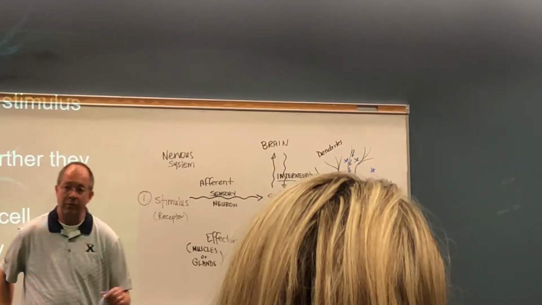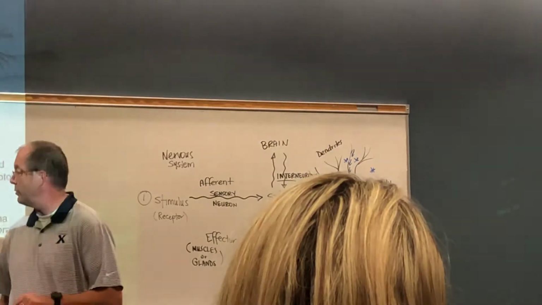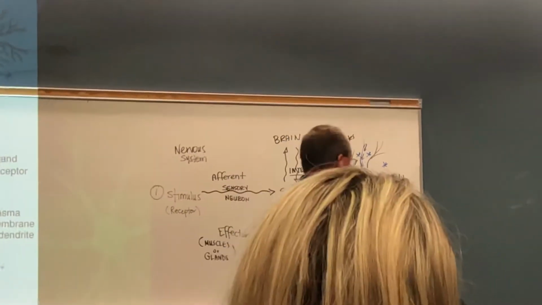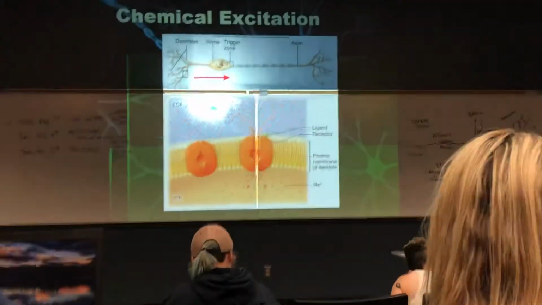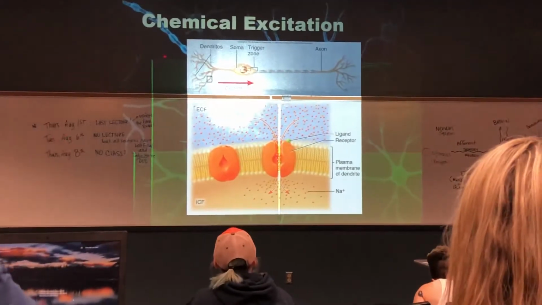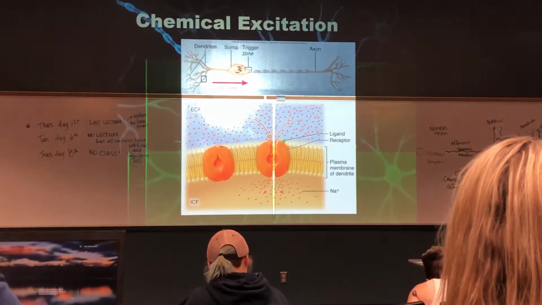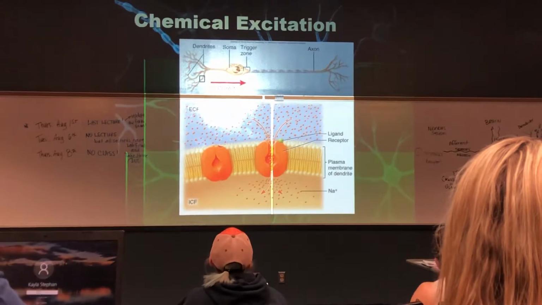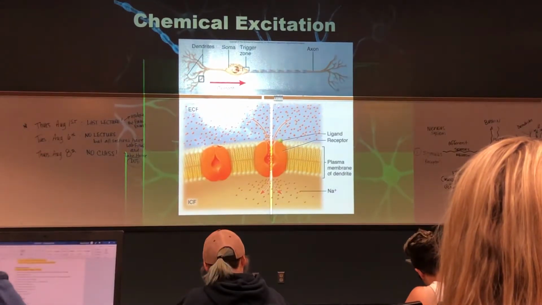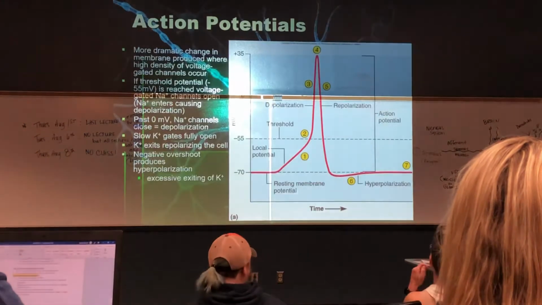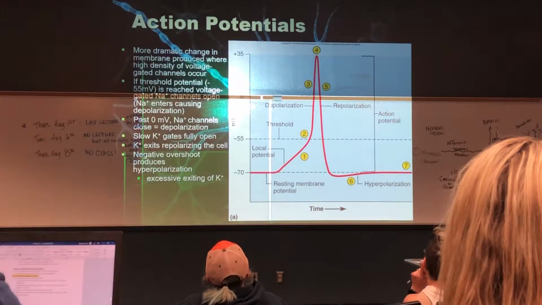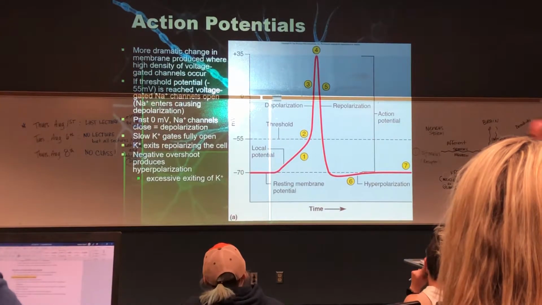Okay, local potentials. They accumulate at the trigger zone. So here's a picture of that, maybe a better one than what I drew. You can see a bunch of arrows accumulating at the trigger zone, yay, yay, yay. All of these local potentials have to do with mini sparks, little sparks. Now this one is really important.